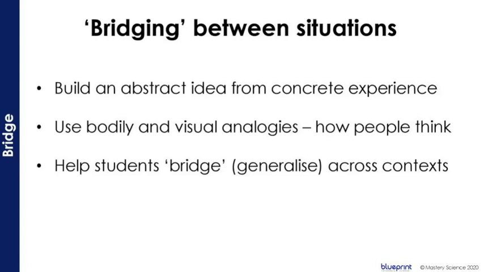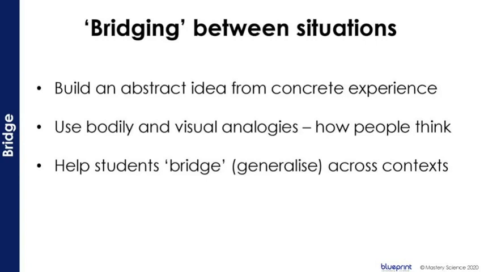To create this bridge between different situations, we're going to build a strong, deep, abstract idea. And of course, as we all understand, that doesn't come from just telling people stuff. They need to experience it. Students need concrete experience. And from that, they can abstract these ideas.